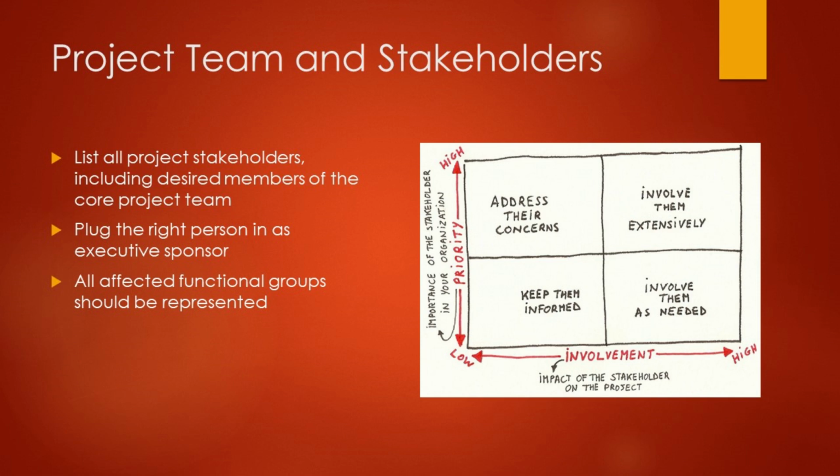From there, you should have a representative stakeholder from each functional area that will be affected by the outcome of this project. For example, this may mean you involve individuals from human resources, finance, IT, sales, and other areas as necessary. Additionally, you need to include the people who will actually be doing the work on the project.